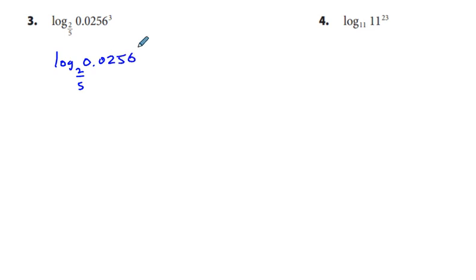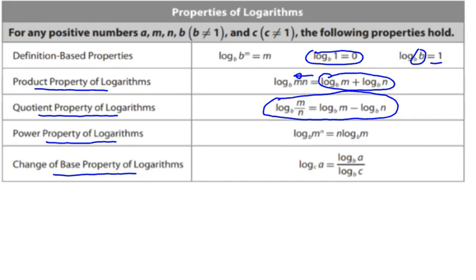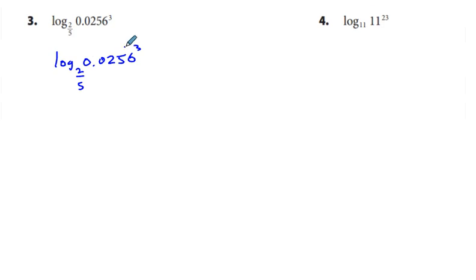What we're going to use for this one is the power property. We take this exponent 3 and move it out front. So that's equal to 3 times log base 2/5 of 0.0256.